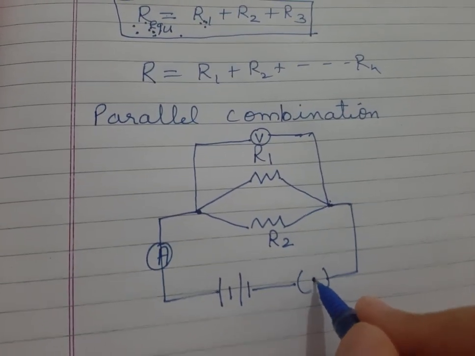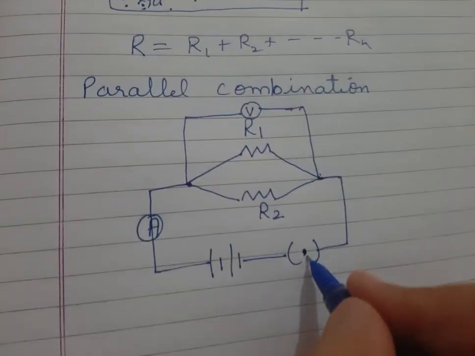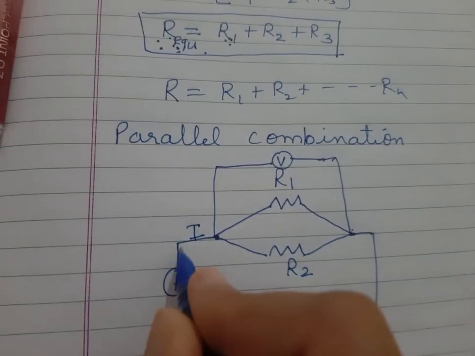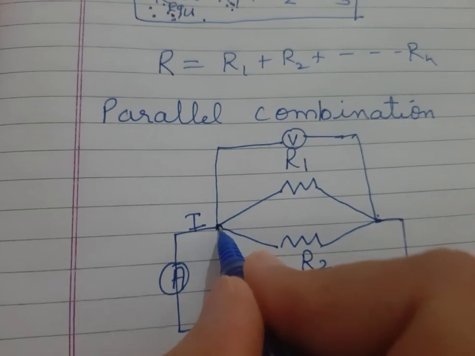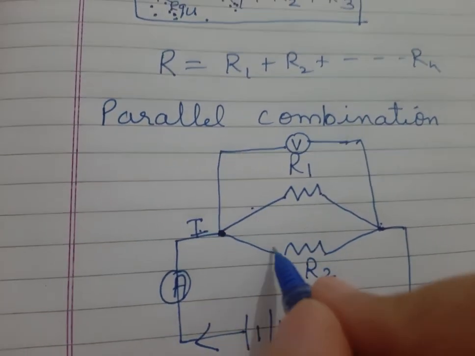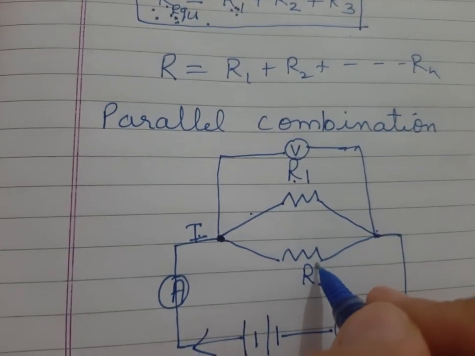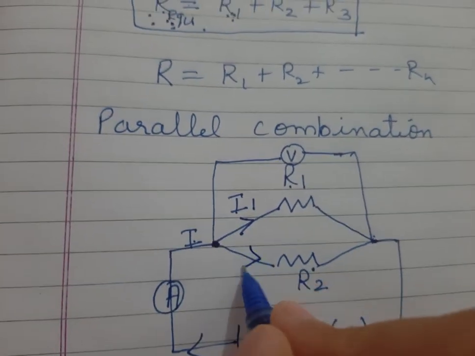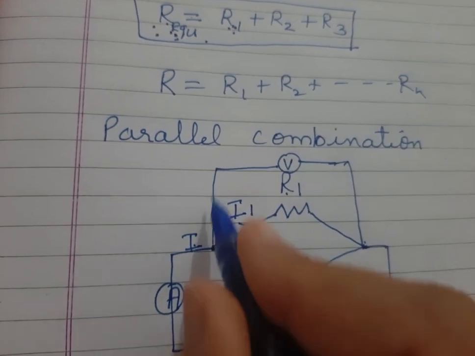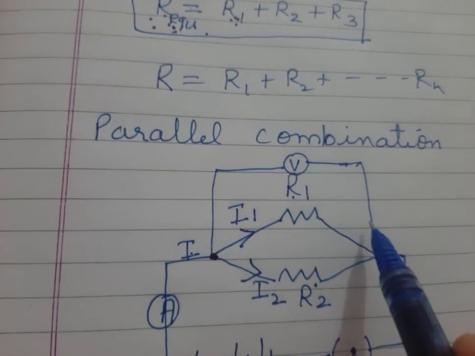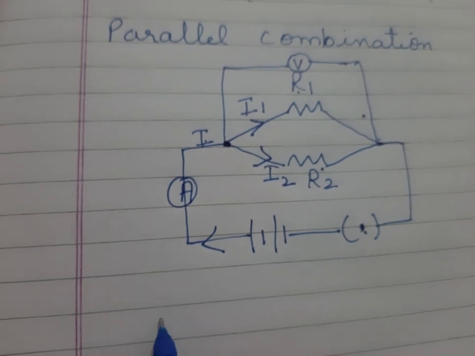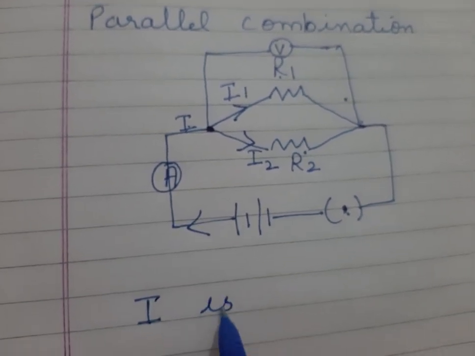As we turn on the key, now the plug key is on, current starts moving. Now at this point the current is I. At this point what you will see is that this current is divided into both these resistors. In this resistor suppose current is I1 and in this it is I2, but in this case the value of potential difference remains the same. So in parallel combination I is different.